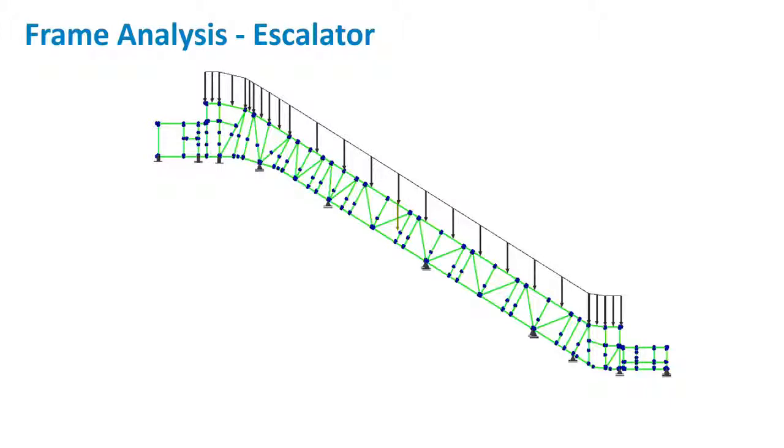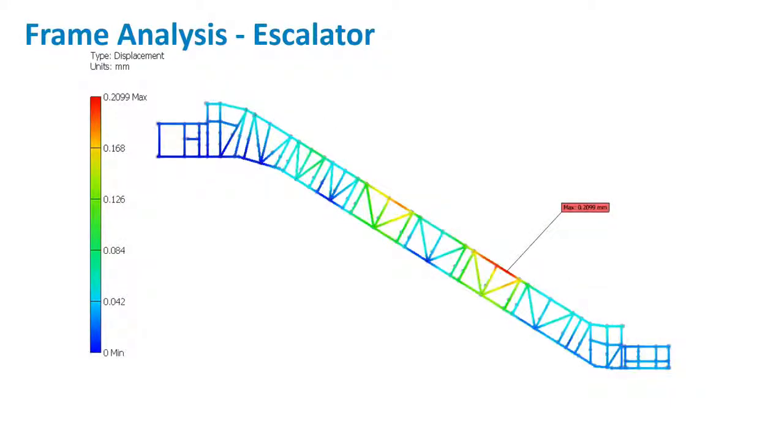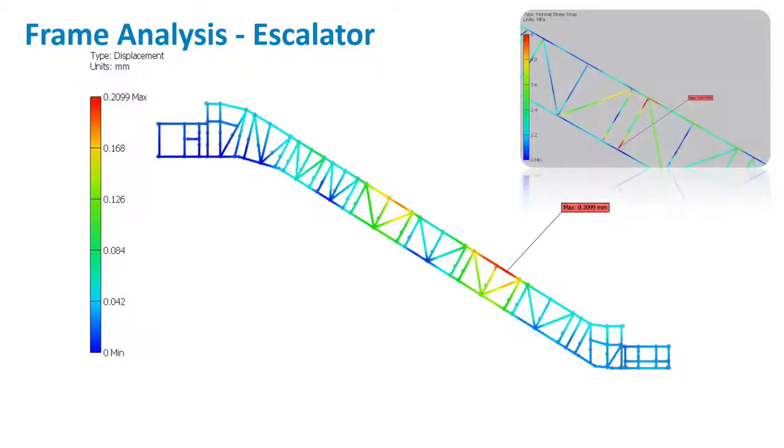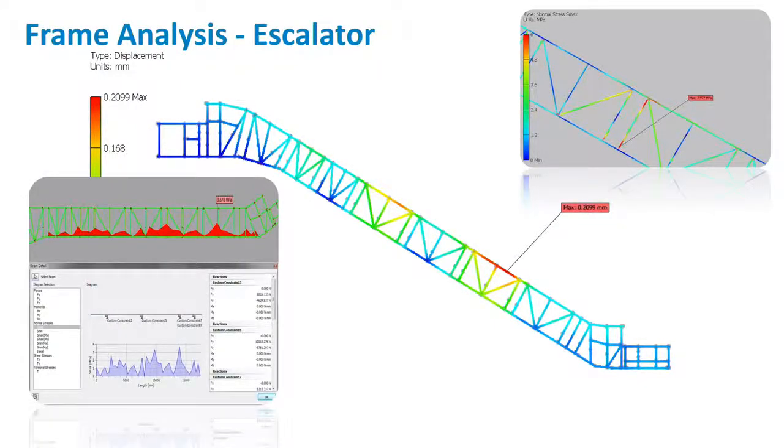And then load is applied and a simulation is made. It's like an ordinary FEA analysis. You get stresses, you get deflections, and in this one you also get beam diagrams, moment diagrams, shear diagrams, any kind of beam output that you might want to see, and also, of course, reaction forces.